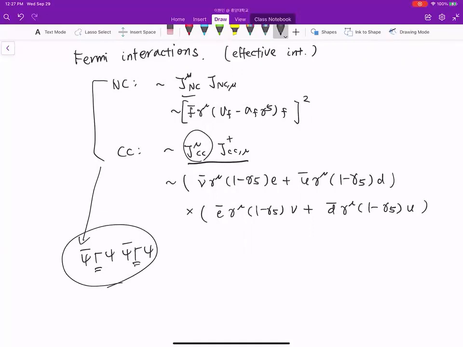This is the lepton current, and this is the hadronic current. But we measure the hadronic current at the hadron level, not the quark level, so at low energy this will be replaced by the hadronic current in terms of proton and neutron.